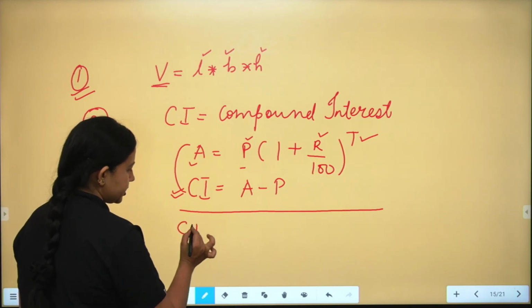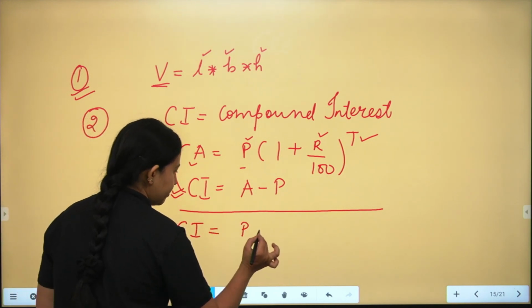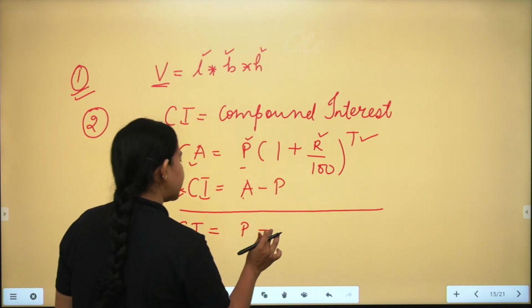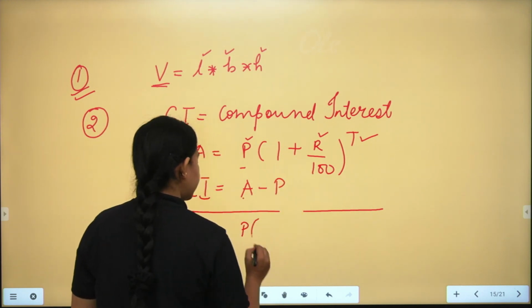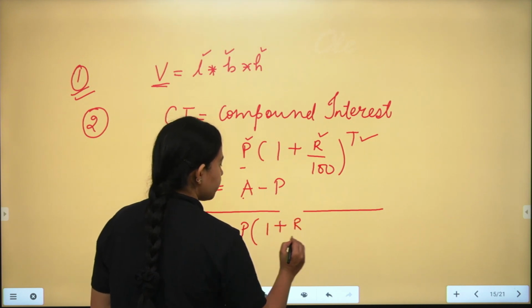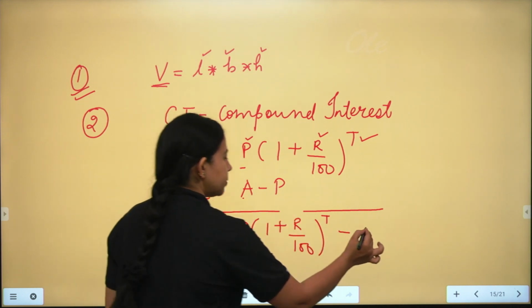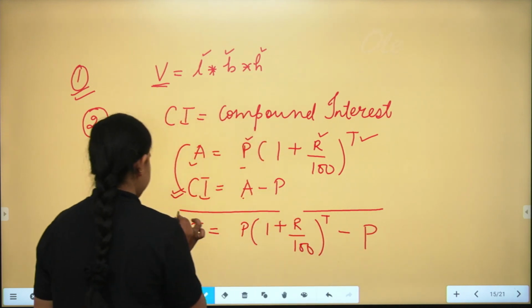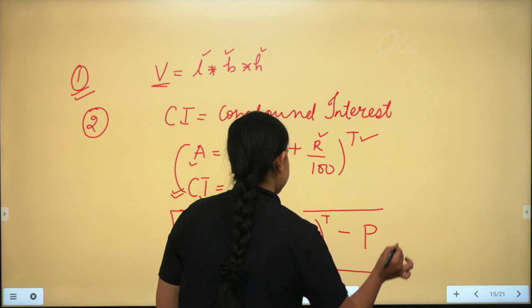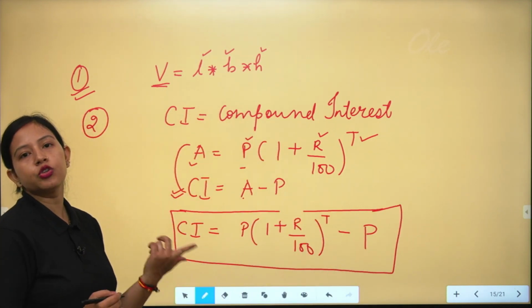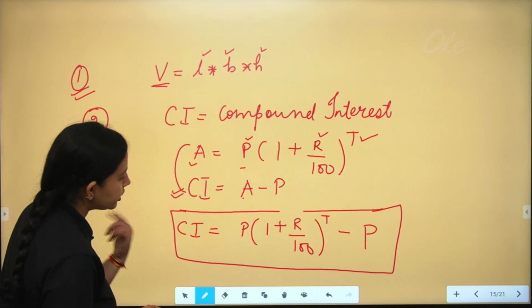If I convert it, CI equals P, that is the complete value of A, placed over here, P(1 plus R upon 100) raised to the power T, minus P. So this is the entire formula to calculate compound interest. You can simply convert this formula into a Java expression and make the program for that.